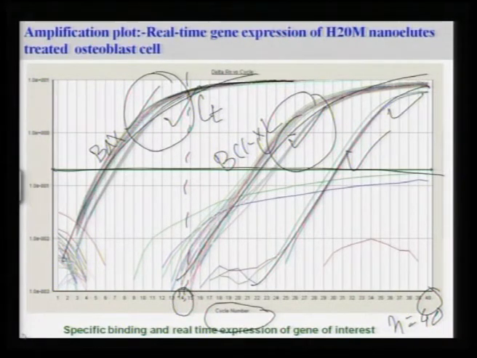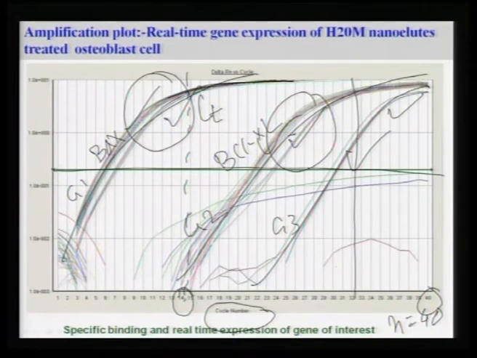If you look at this, this is a BAX gene, this is, let us say, gene number 1, this is gene number 2, this is gene number 3. For gene number 1, the cycle threshold value means, suppose this is 14 cycles, beyond 14 cycles they are expressed to the highest possible level after the amplification process. So, their CT value is 14 here. For gene number 2, the CT value is much higher, and it can be 32.